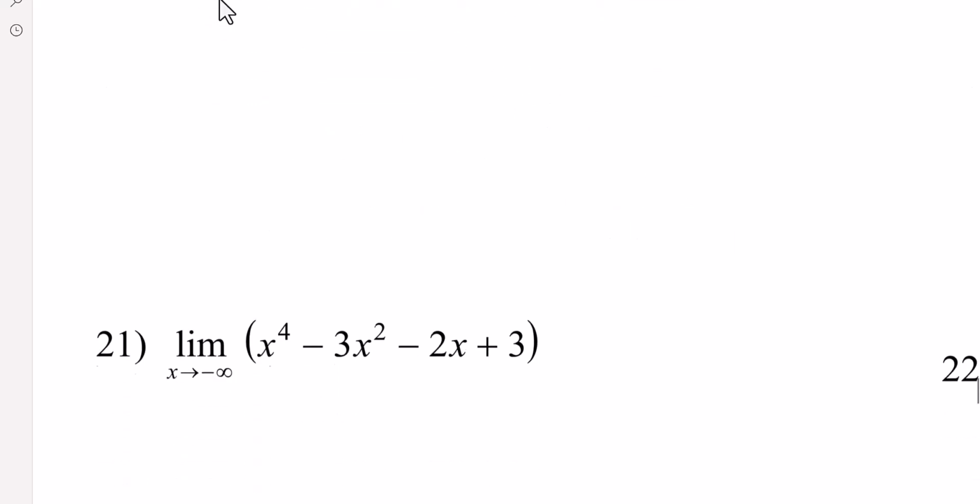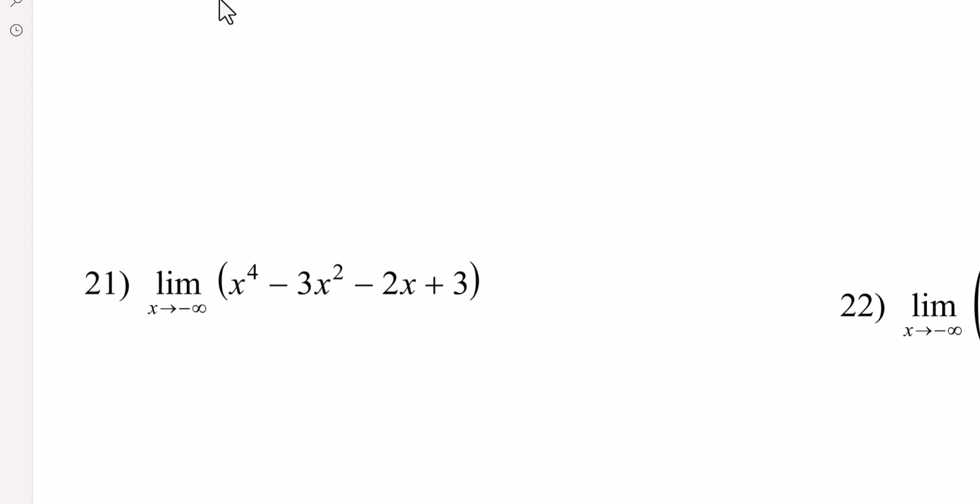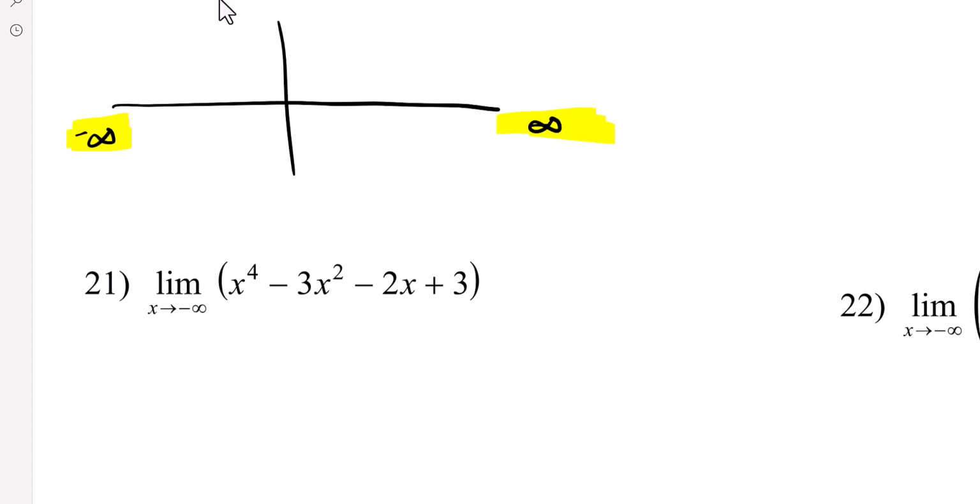All right. Now, we'll talk about the limits as they head towards infinity, probably more on Friday and then the following week. So what we're going to be looking at now is as the graph is headed towards positive infinity or negative infinity. So let's look at, this is x to the 4th.